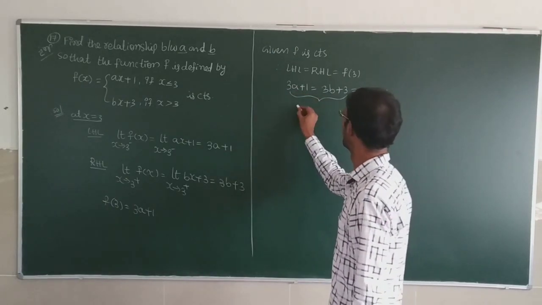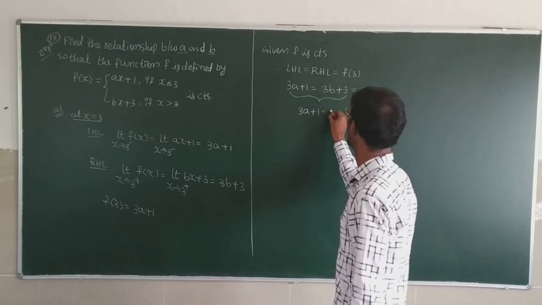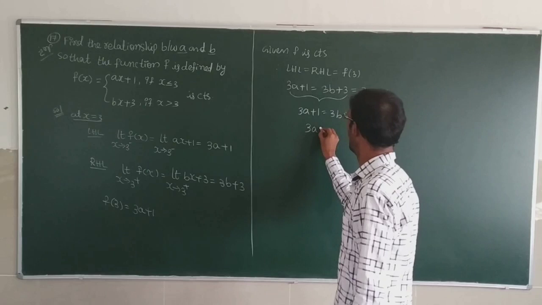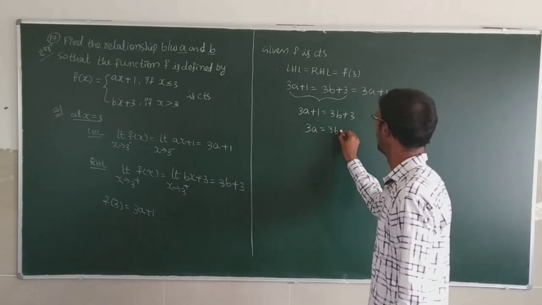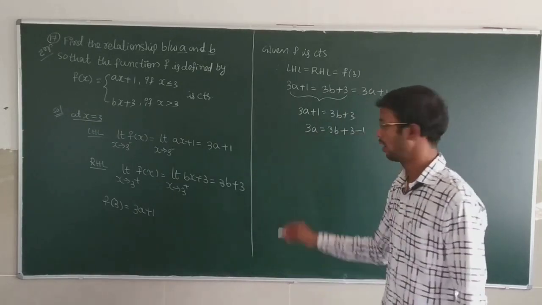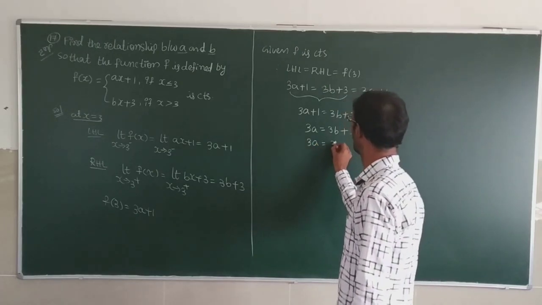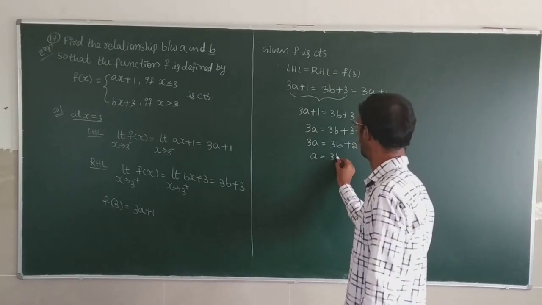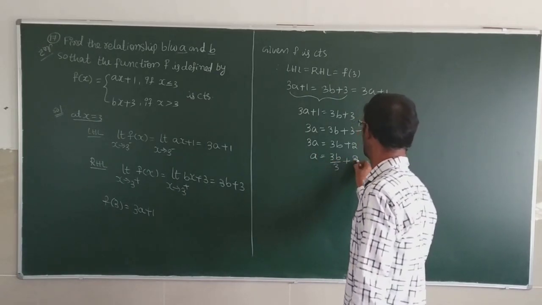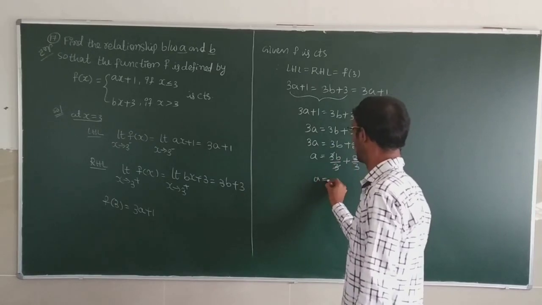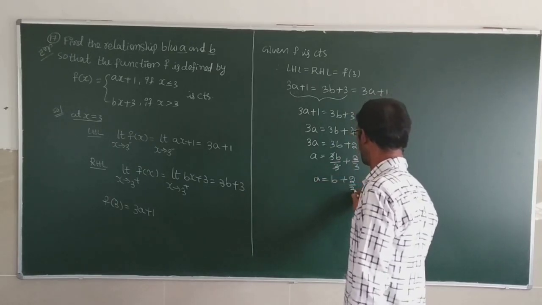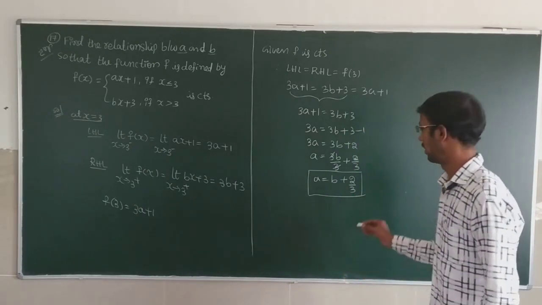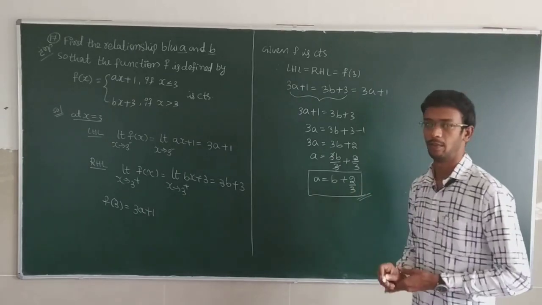What will we get? 3a plus 1 is equal to 3b plus 3. 3a is equal to 3b plus 3 minus 1. 3a is equal to 3b plus 2. Next, a is equal to 3b by 3 plus 2 by 3. A is equal to b plus 2 by 3. This is the relation between A and B.